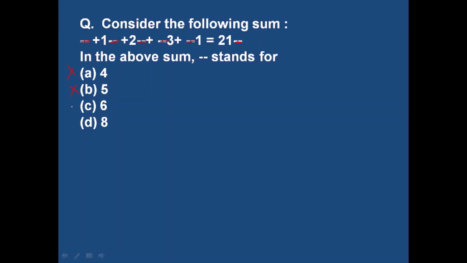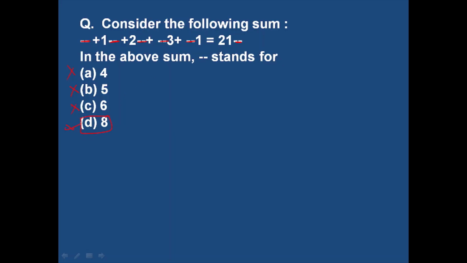If we use 6, then 6 plus 6, 12, 12 plus 6, 18, 18 plus 3, 21, 21 plus 1, 22. Here unit digit 2 is coming, but it should come as 6 if 6 is the right answer. So this is also not the right answer. So we are left with only one option, option D, and D is the correct answer.